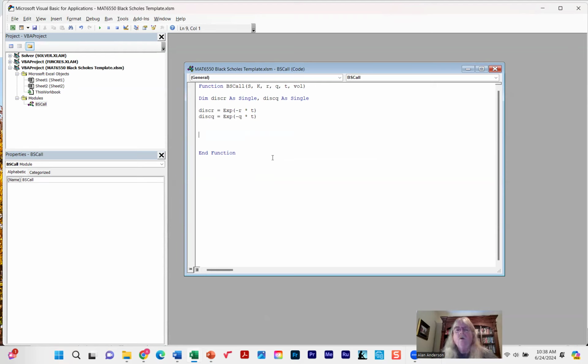So what we're going to do is something more interesting. I'll tell you what, let's do it like this. So now here we need the formula for D1. We need to tell it the formula for D1 and D2.